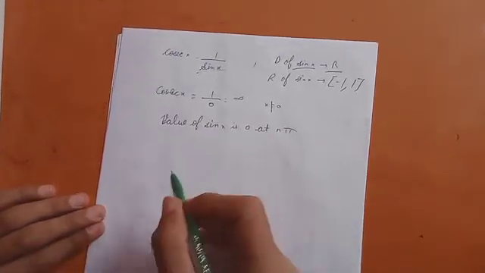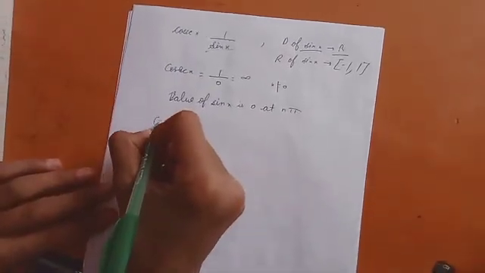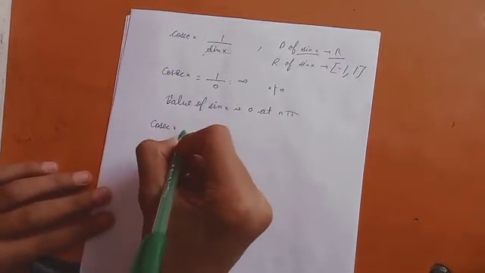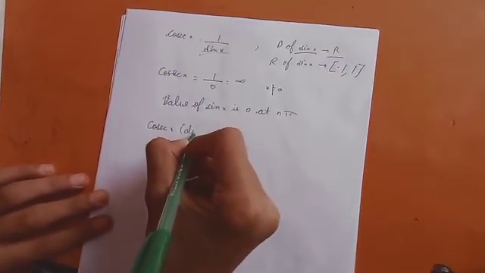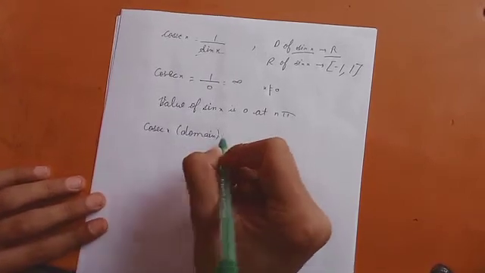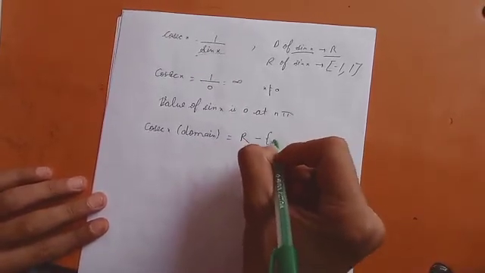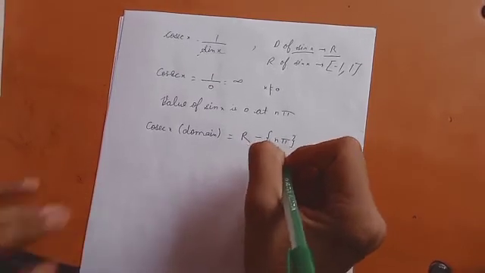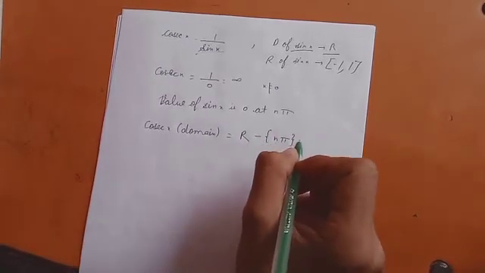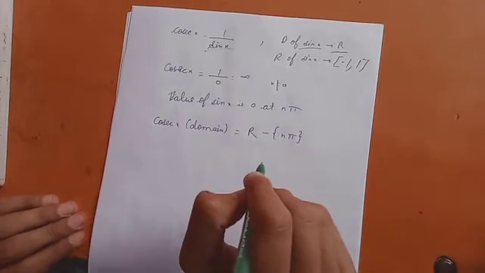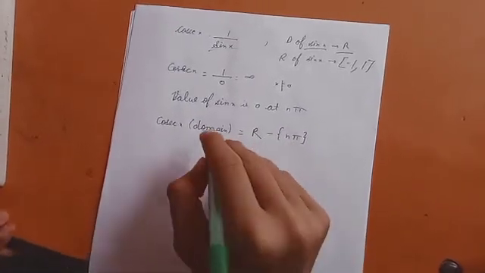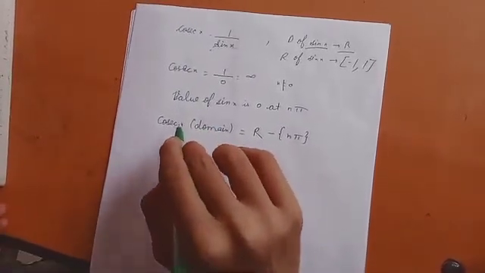So what will be the domain of cosec x? Its domain will be all real numbers except n pi, meaning if we exclude n pi, then at every value in the domain we get a specific value of cosec x.